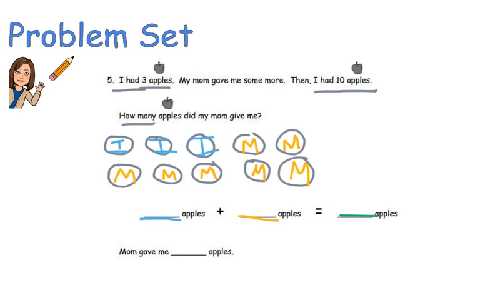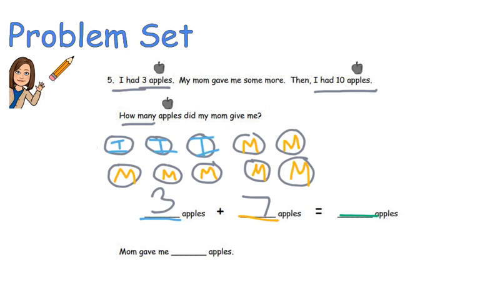Okay. So how many apples did she start off with? 3. It says right here I had 3 apples and we have 3 I's. And how many did the mom give? Go ahead and count how many M's. 7.